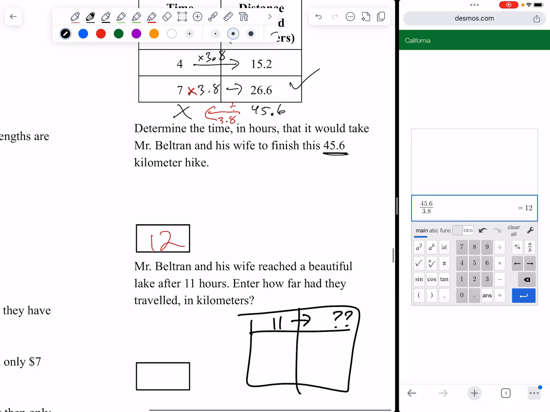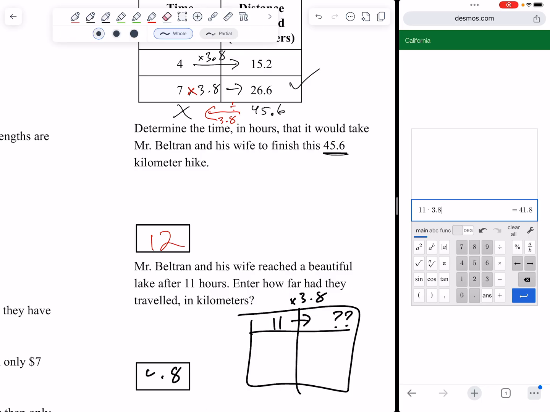So what did I do if I want to go left to right? I multiply times 3.8. So 11 times 3.8, it was 41.8. You know, I already wrote it wrong. 41.8. So 41.8 kilometers to see a beautiful lake.